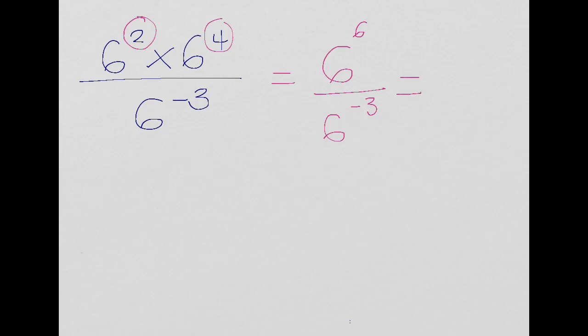And when I subtract a negative number, I go up the number line, because the way to think of negative numbers is, if I was just doing 6 take 3, when I take away 3, I go down the number line. But when I do 6 subtract negative 3, I go up the number line. So I'm at 6, I go up the number line 3, so it's 6 to the power of 9.